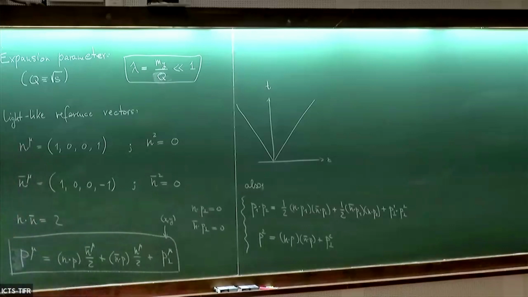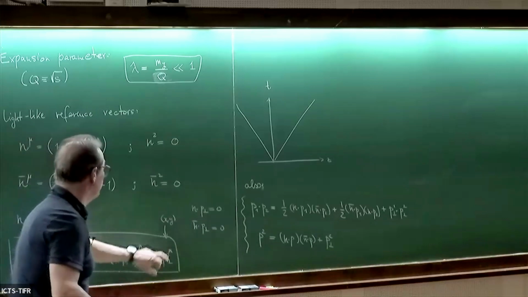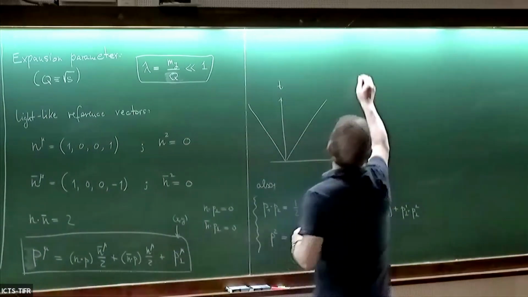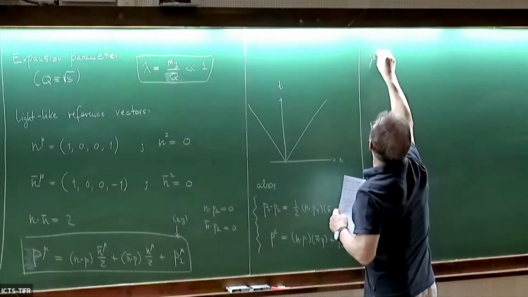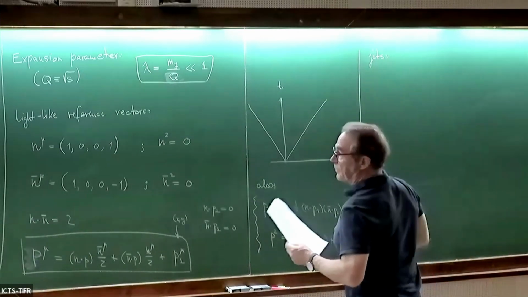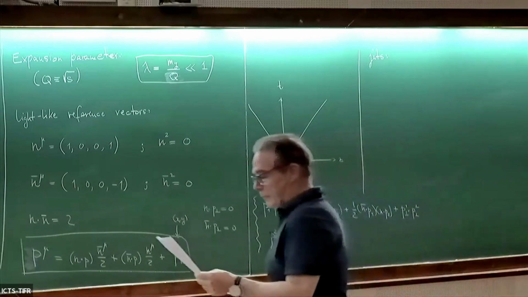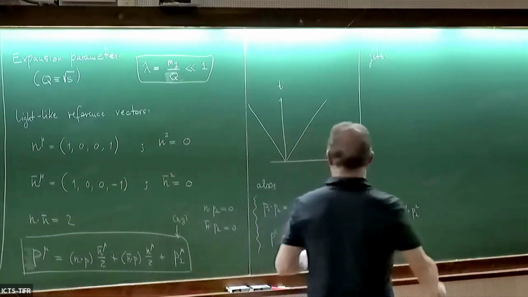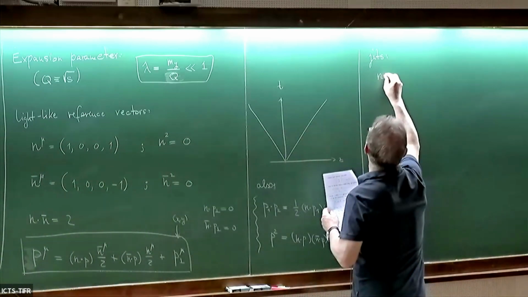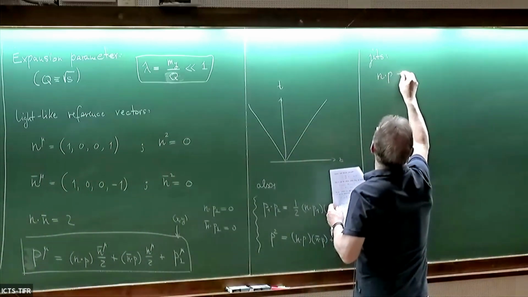Okay, so what we're going to do now, we're going to take our jet momenta and look at the light cone components of these jet momenta. So for our jets, we have the following components. Let's do jet number 1. So we start with n dot p.